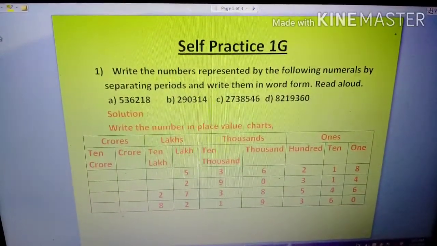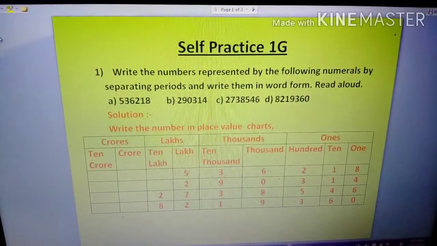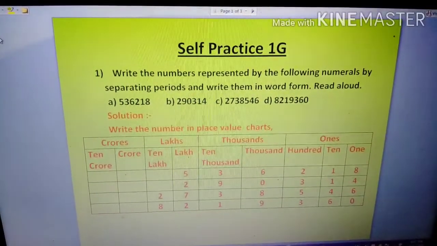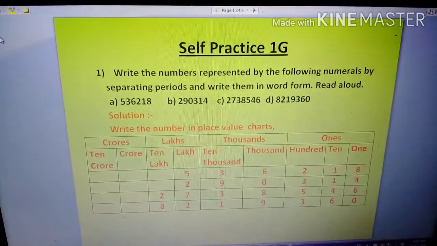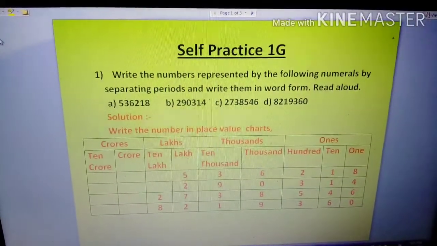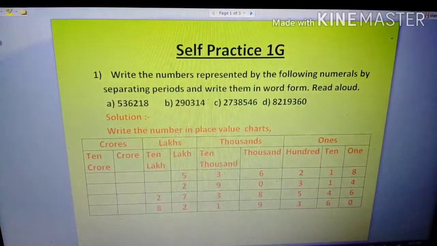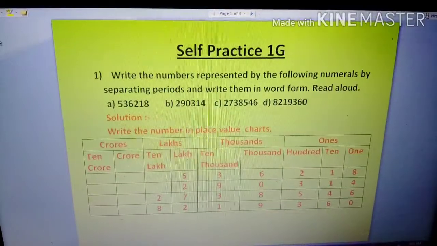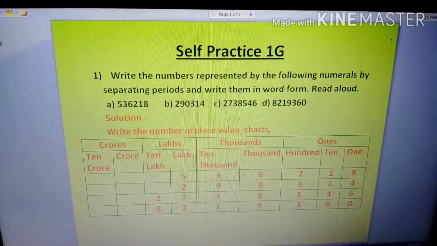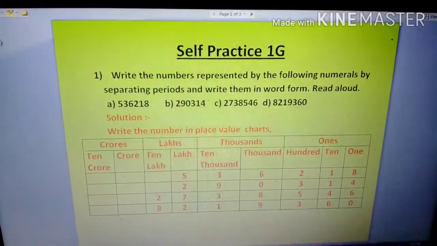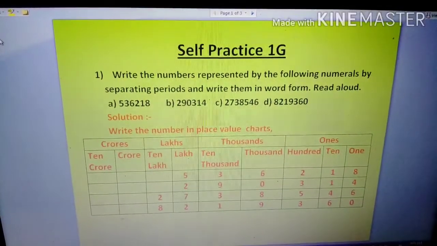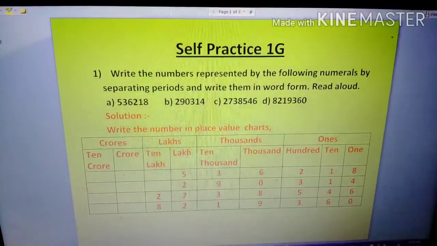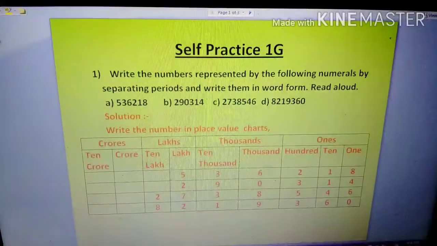In crore period, 10 crore and crore. In lakh period, 10 lakh and lakh. In thousand period, 10,000 and 1,000. And in ones period 100, 10 and 1 are the places. Okay, then we put the given numbers in this place value chart.